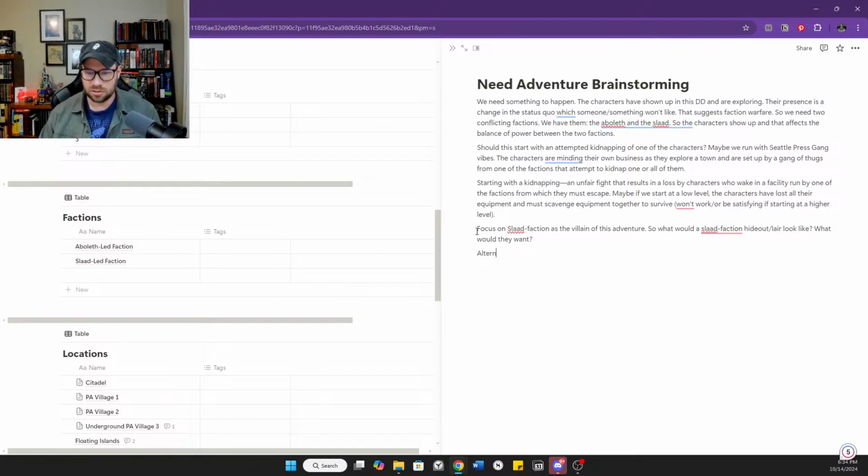We could say, alternatively, the Aboleth faction would have enslaved the characters, and they regain their agency via a Slotty faction mole that breaks their enthrallment, I guess is what we'll call it.